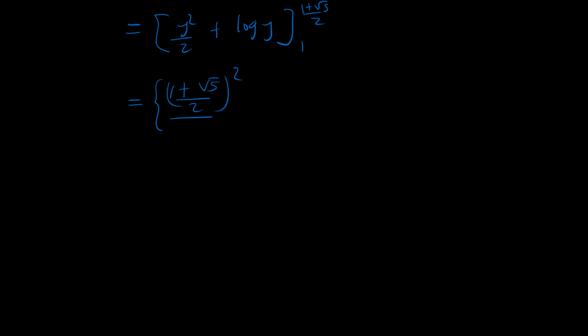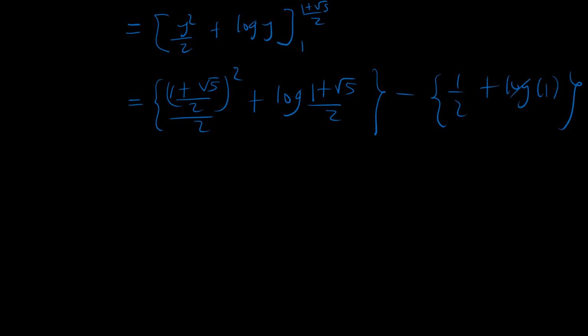Since we have our equation as y squared over 2 plus natural log of y, evaluated up to 1 plus root 5 over 2, this is the same as 1 plus root 5 over 2 squared over 2 plus natural log of 1 plus root 5 over 2, minus 1 over 2 plus natural log of 1, which tends to 0.